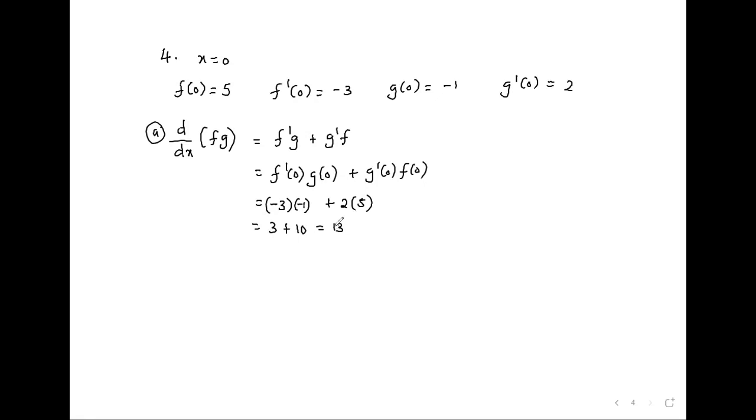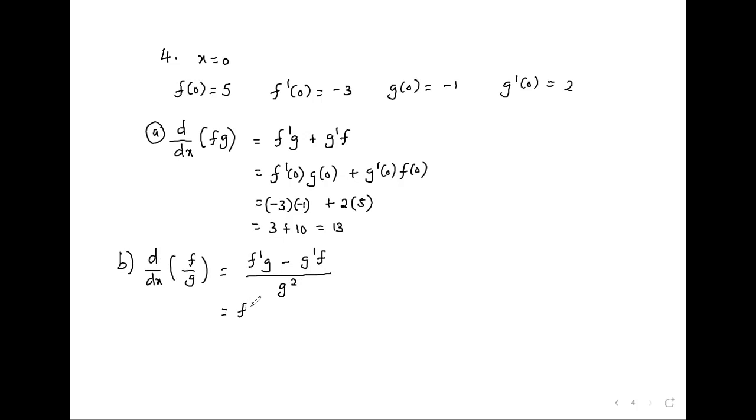Okay, so the other ones we are finding, I think B is d/dx of f over g. So again, that's question 2. So we have f prime g minus g prime f. Then we divide by g squared. Now we substitute 0.